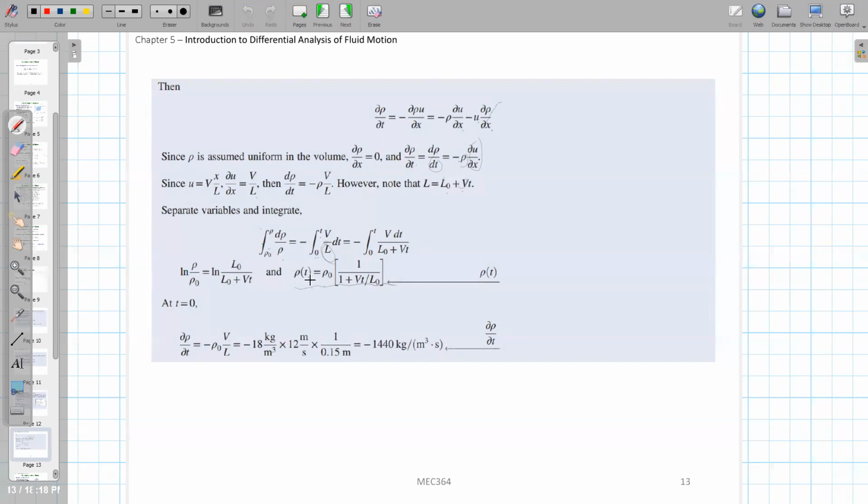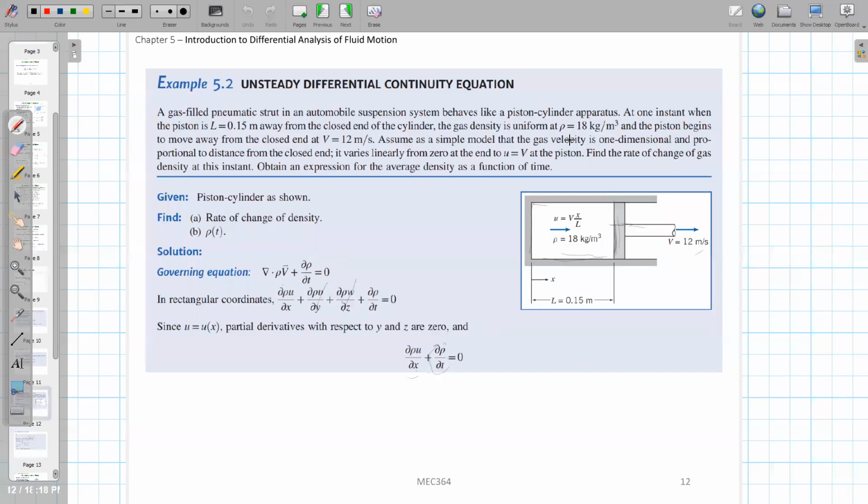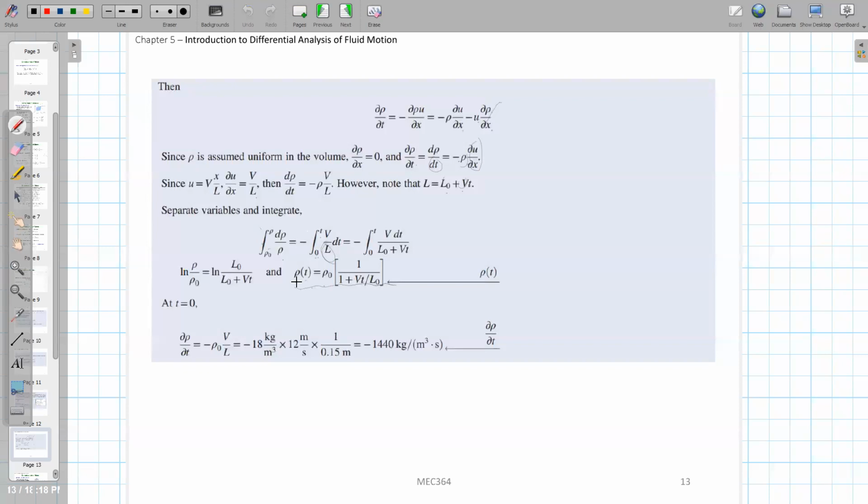Okay, and at this moment, if you make t equal to 0, you will get d rho dt at t equal to 0. That was the first question, asking for the rate of change of gas density at this instant. So you have this rho of t, so partial t will be this value. We know that t equal to 0 will become this value.